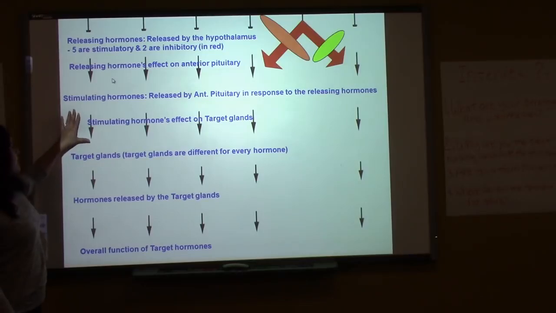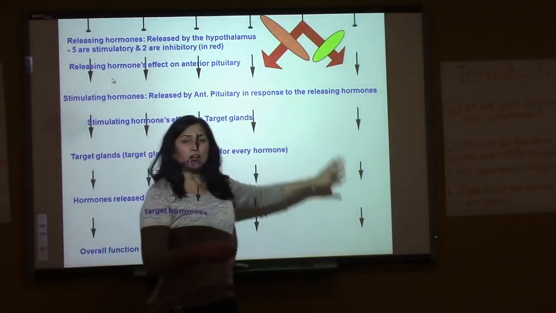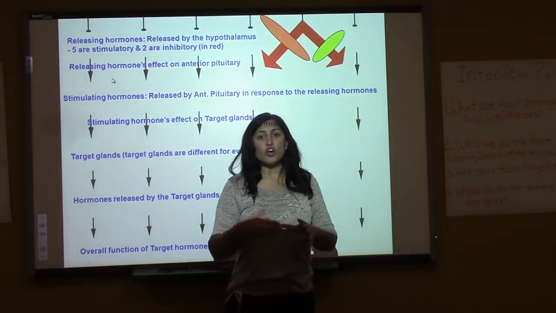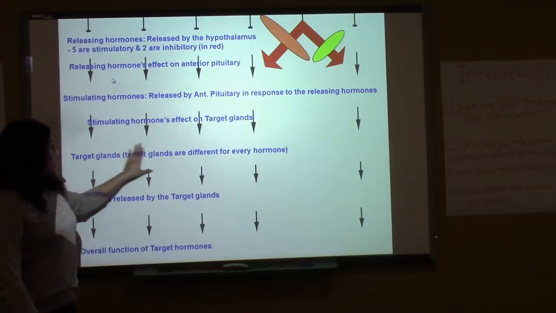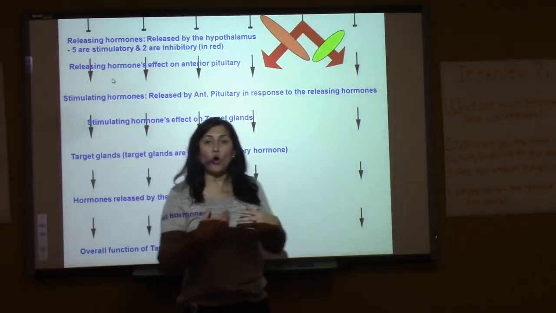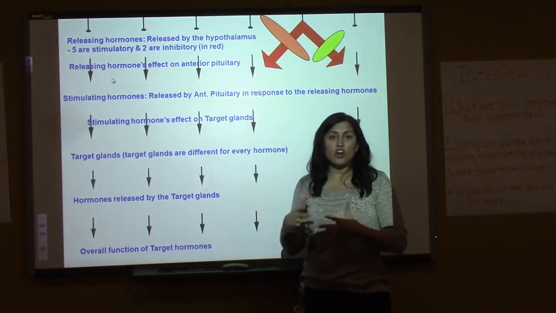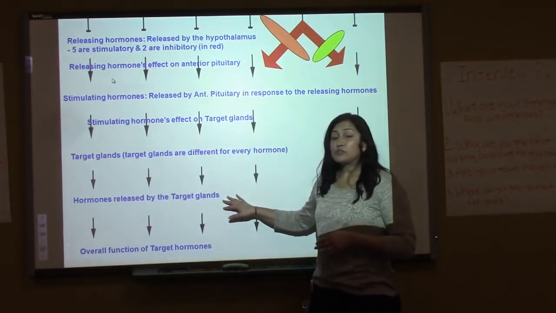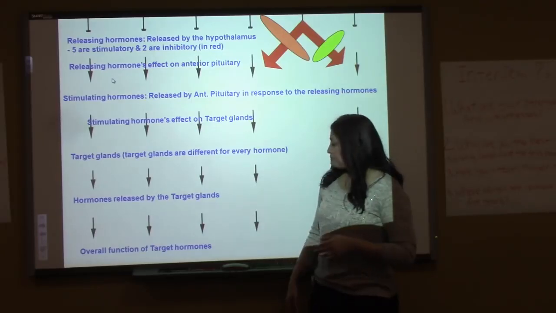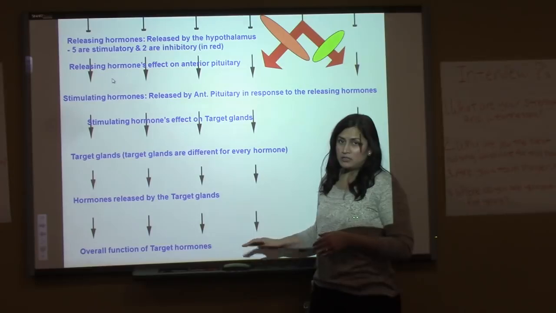Now, this area shows you the effect of the stimulatory hormones on the target glands. This area shows you the target glands. These are hormones released by the target glands, and this is the overall function of those target hormones.